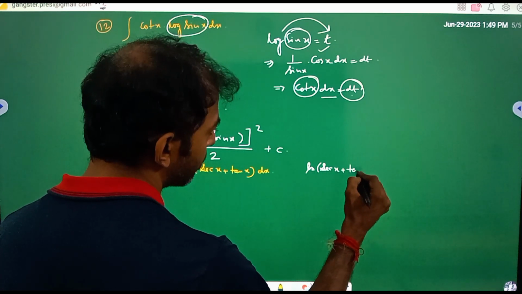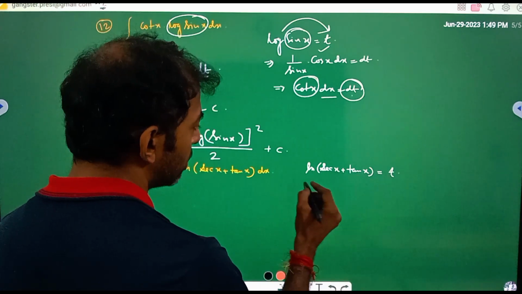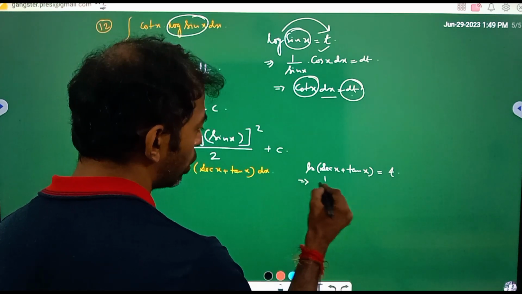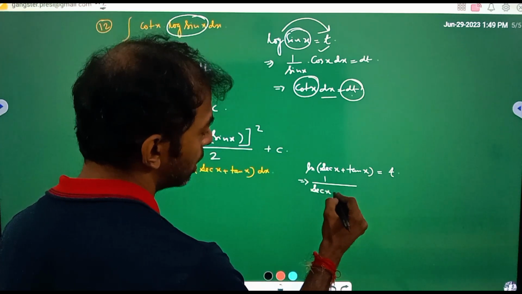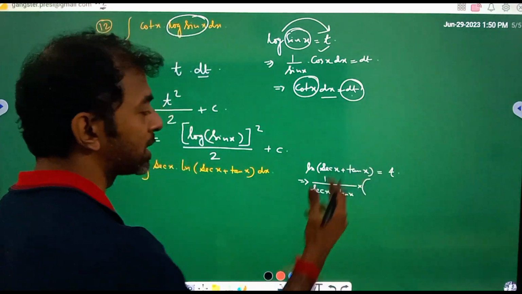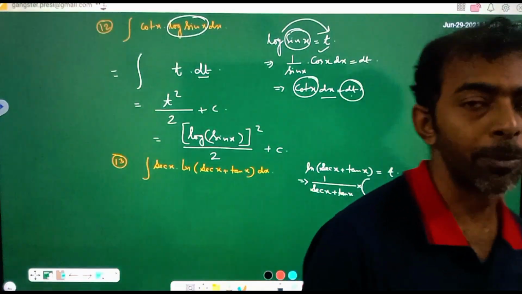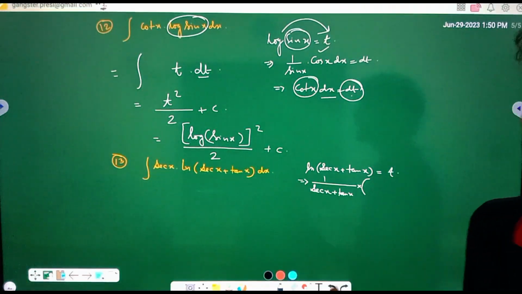as t, because we all know the derivative of ln of sec x plus tan x will be 1 by sec x plus tan x, and differentiation of sec x plus tan x. We all know the formula: derivative of sec x is sec x tan x, and differentiation of tan x will be sec square x.